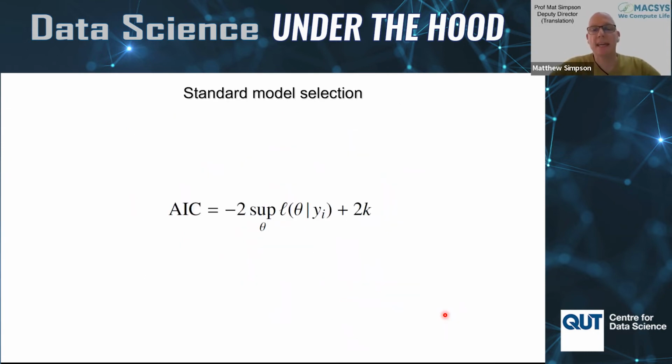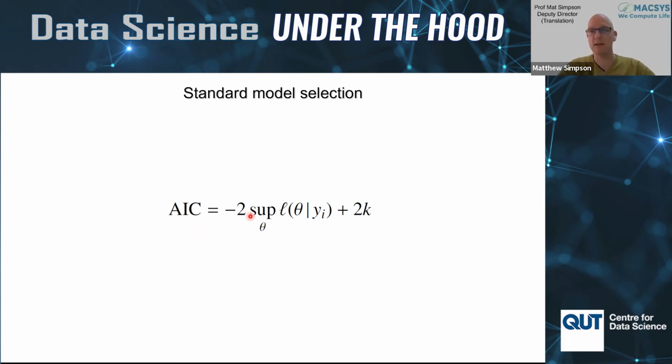If I was undertaking a fairly standard model selection using likelihood, what I'd probably be doing is computing some kind of information criteria. Here I've shown what you might find as a standard formula for an Akaike information criteria, where we'd be ranking these three models in terms of a single scalar quantity, trading off two pieces of information.